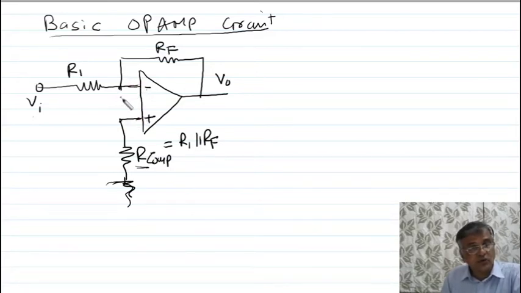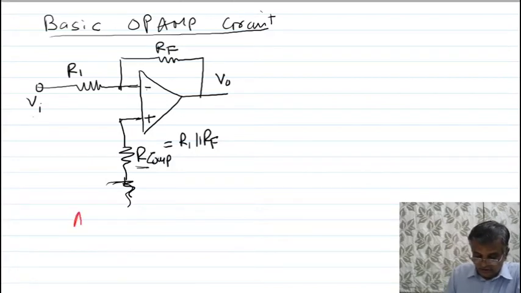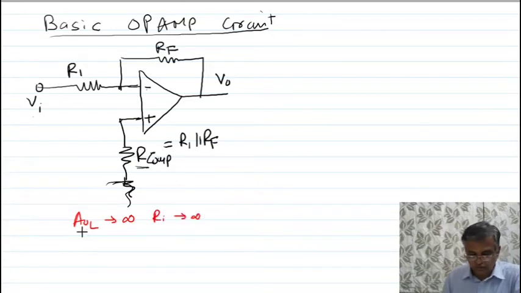Due to infinite open loop gain, voltage drop between these two tends to 0. This voltage drop tends to 0, which means this point is considered as this point, no voltage drop across this, so this is a ground line, so this point behaves as ground.